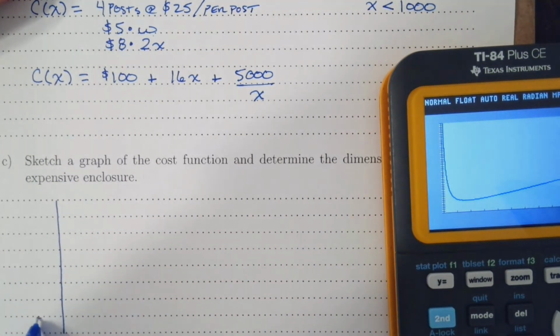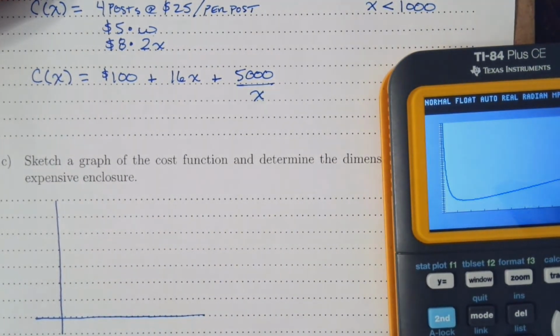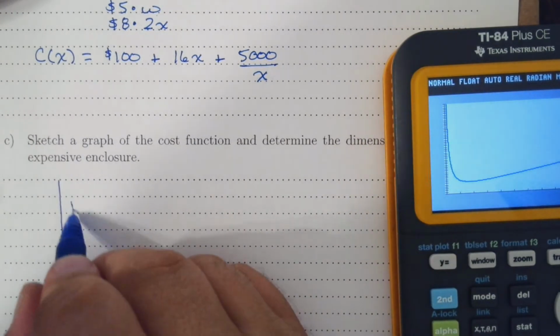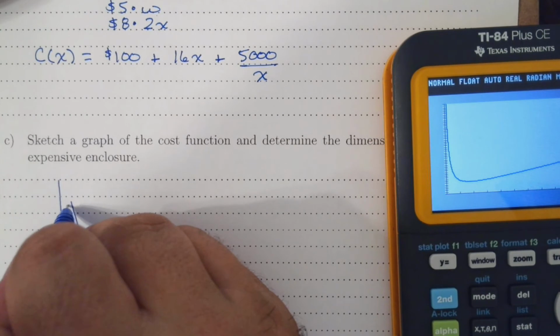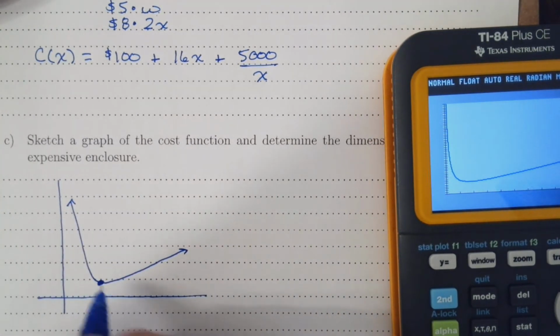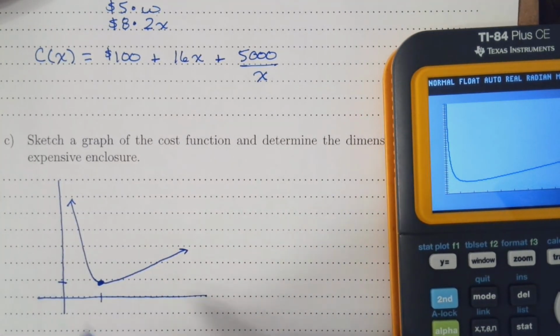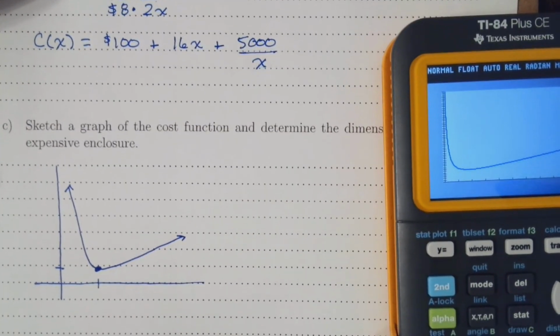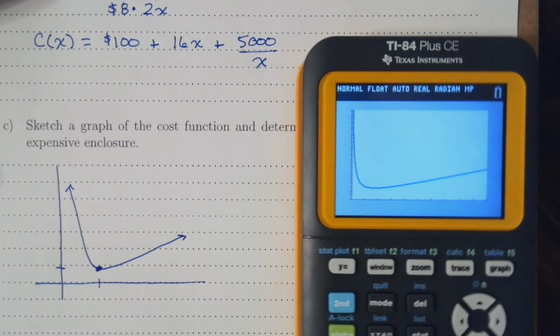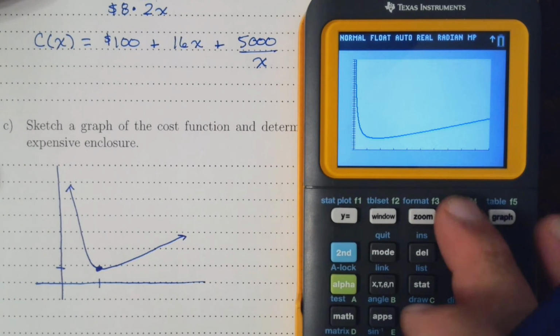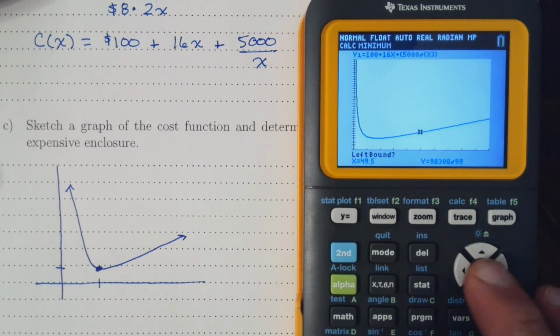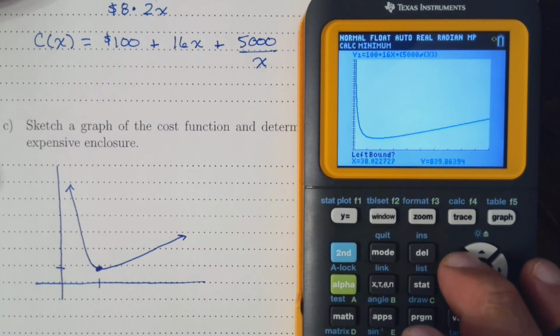Once again, I am only working in the positive realm, and my function seems to do something like that, and I do seem to have some minimum value where I have the least on my dimensions, and we can calculate that by saying second, calculate, minimum, and I can arrow to the left of my minimum.